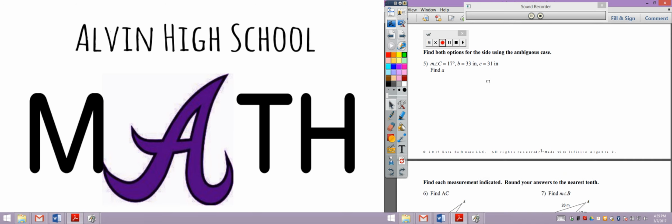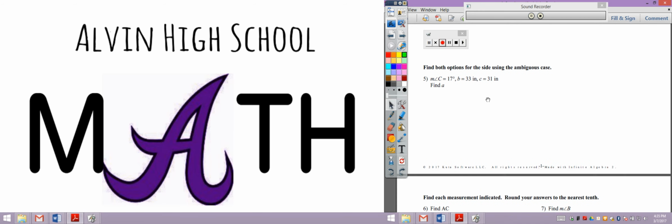All right, here's the big one. Find both options for the side using the ambiguous case. So I'm given angle C and side C. Perfect. I'm given side B, but I'm not given angle B. So I've got to do that first.